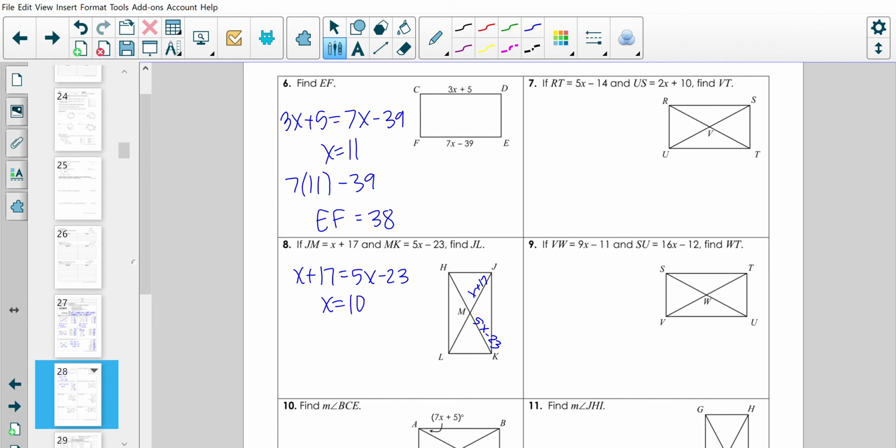Then it asks for JL. So how do I find JL? Plug it in for x in x plus 17 and then times by 2. So 10 plus 17 is 27, times 2 is 54. So JL equals 54.